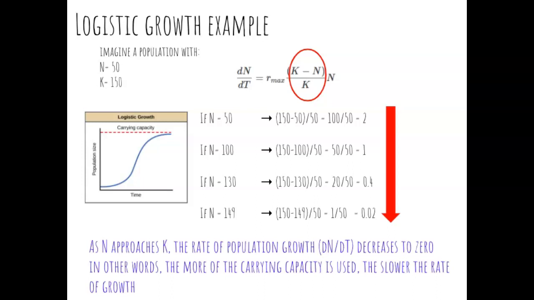So as your population size approaches the carrying capacity, the rate of population growth, which is your dN/dt, decreases to 0, so that the more of the carrying capacity that you are using, the slower the rate of growth.